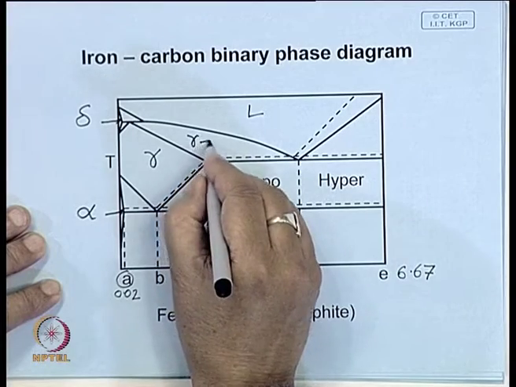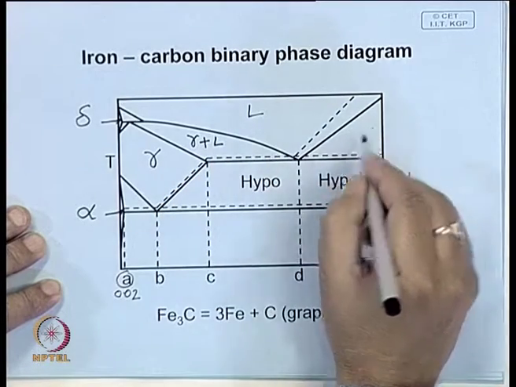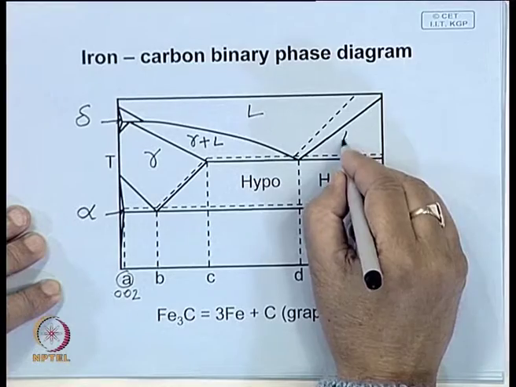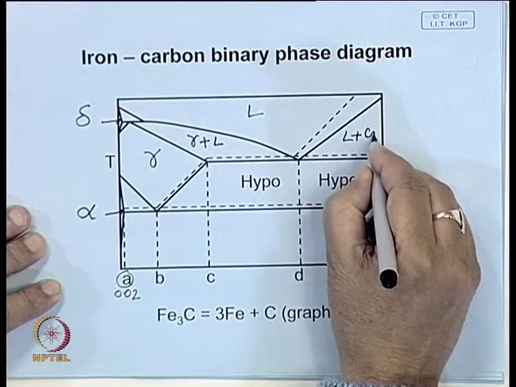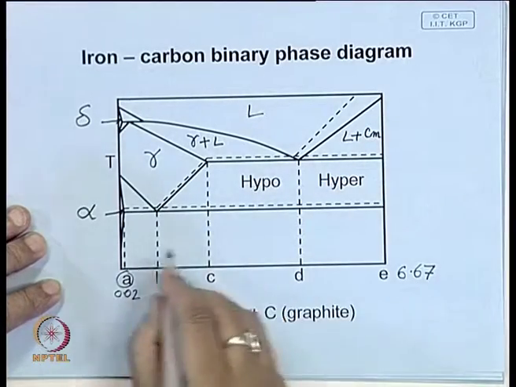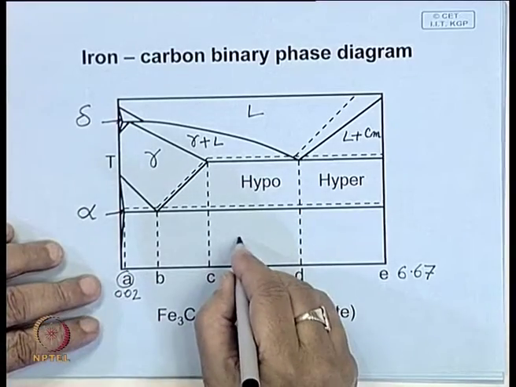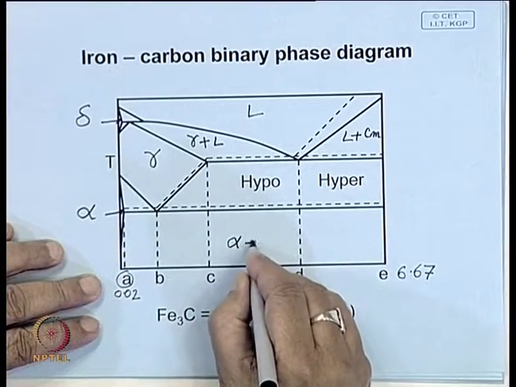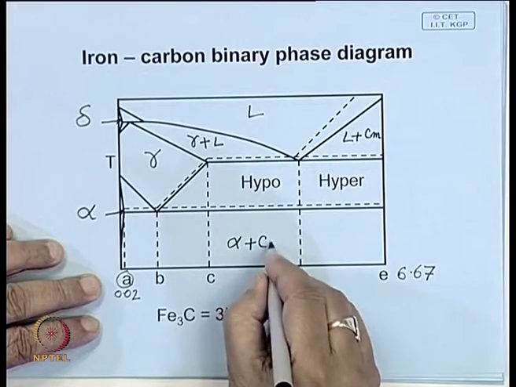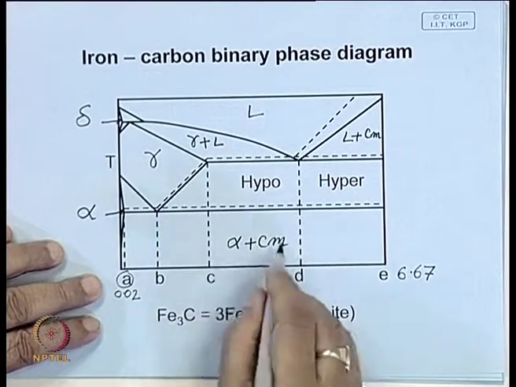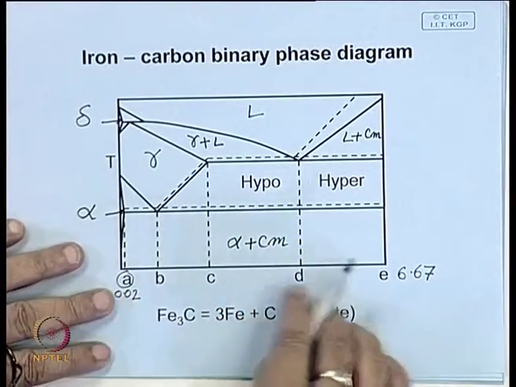Here you have gamma plus liquid, here liquid plus cementite, and here you have two phases, primarily ferrite and cementite, but the way they are distributed, the structures are quite different.